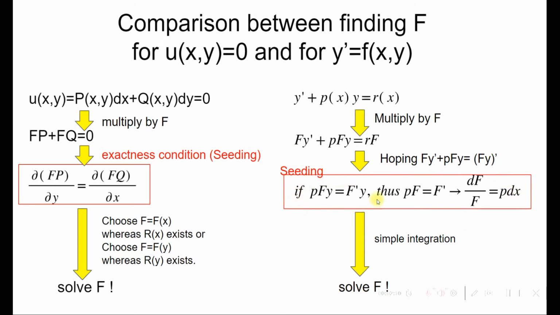You have to set pf_y equating to f prime y, hoping that the left side of this expression, which is f_y prime plus pf_y, is a result of the differentiation of f_y. So you can solve f by simple integration.